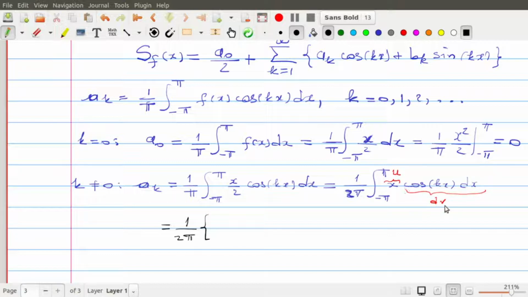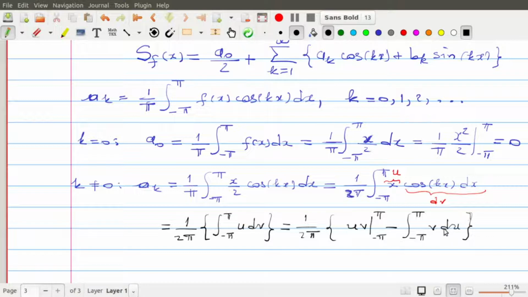So the integral from negative pi to pi of u dv is equal to 1 by 2 pi, uv from negative pi to pi, minus the integral from negative pi to pi of v du.